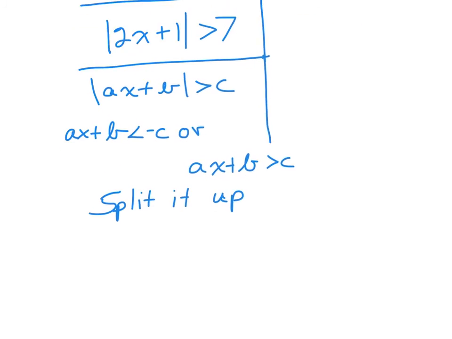Let's try one. Let's go back to red. The absolute value of t plus 2 is greater than or equal to 10. Because it's a greater than problem, it's a split it up problem.